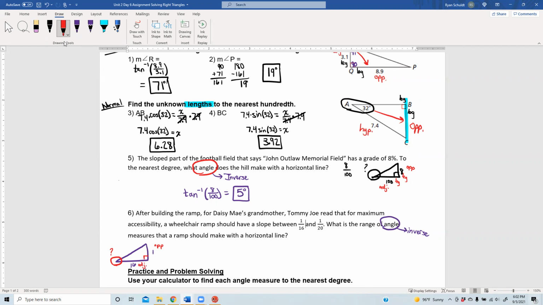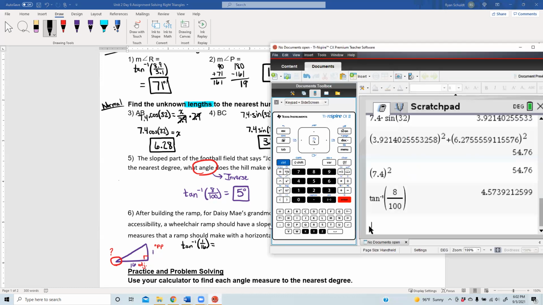Tangent. So we're going to have to do the tangent inverse of 1 over 16 and see what that equals.